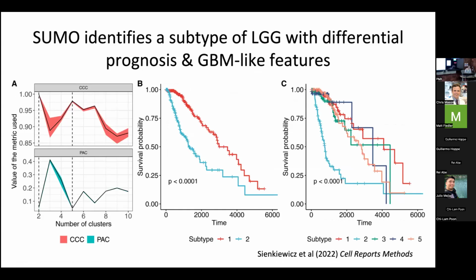When we used SUMO to integrate these data sets, since SUMO uses a kind of greedy approach, because there's no good way to select the number of clusters for non-negative matrix factorization, we included some methods to help. One is a new metric specific to this method, because we use consensus clustering.